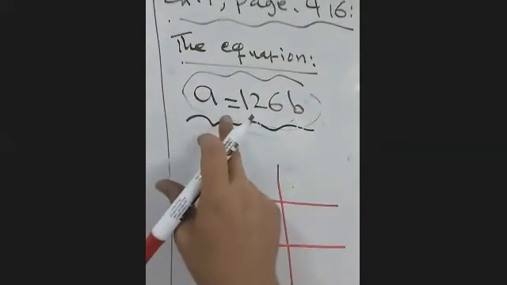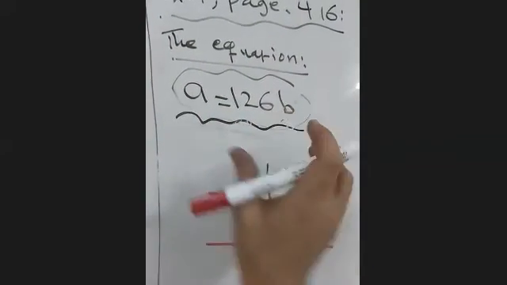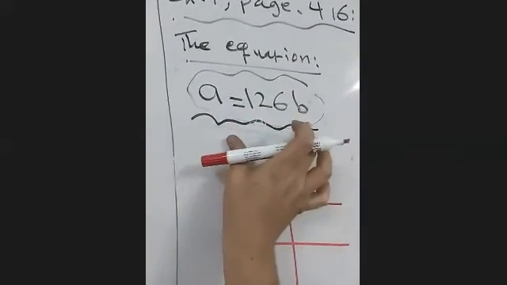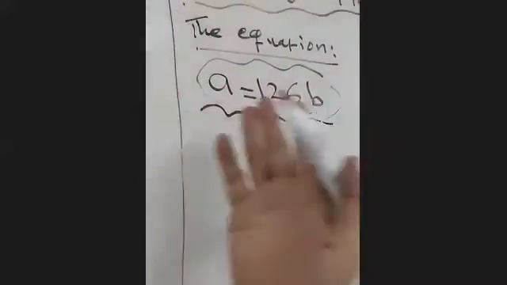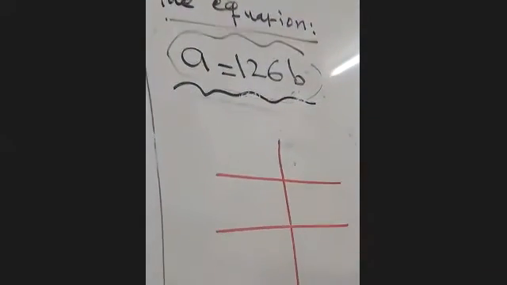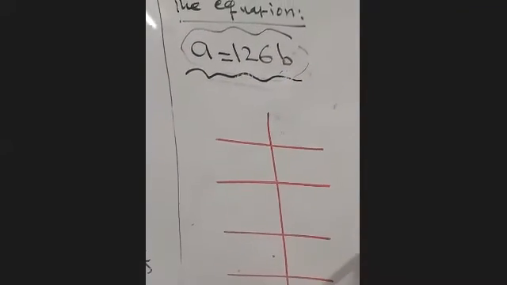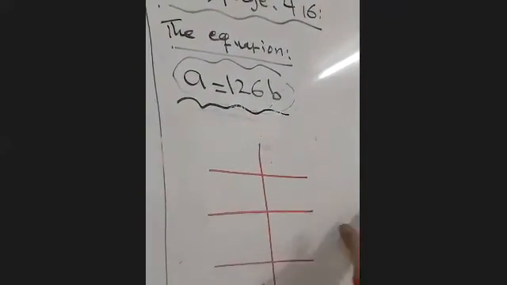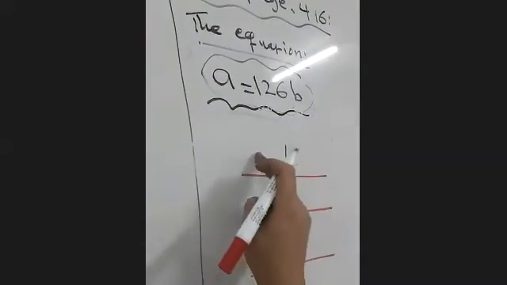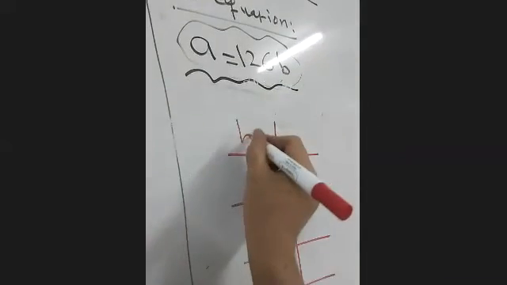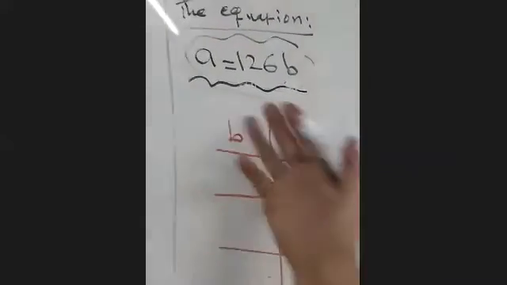Now focus with me, guys. Here, A equals 126b. Rayyan, are you with me? Do you know the dependent and independent variable? What's the independent variable here? B. So B will be here, guys. Don't forget that. What's the dependent variable?